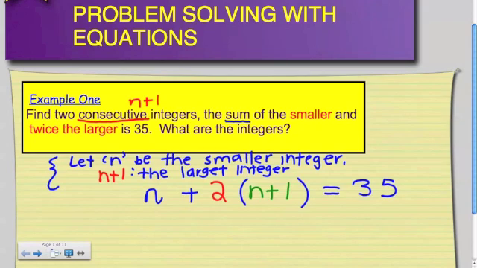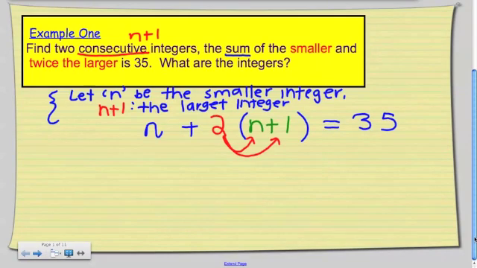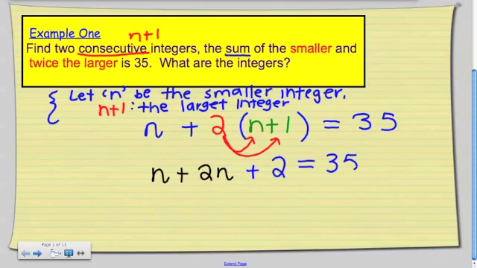So what property do we have to exhibit here to solve this equation? What property are we going to use? Algebraic property. Yep. Yes, the distributive property. So we're going to take the 2 and distribute it to the n plus 1. So that will give us n plus 2n plus 2 times 1 is 2 is equal to 35.